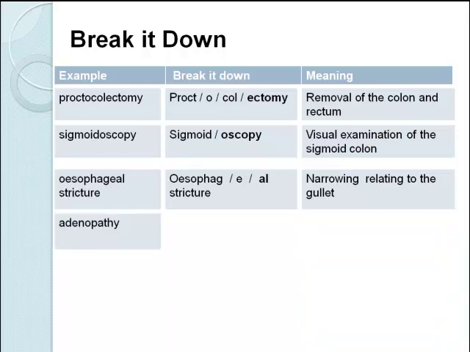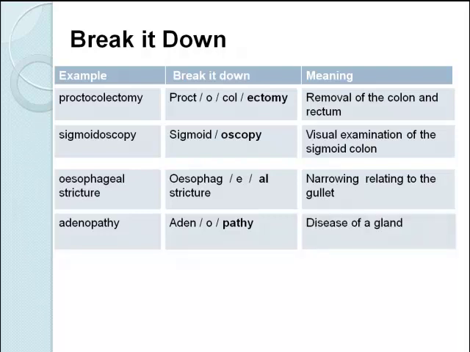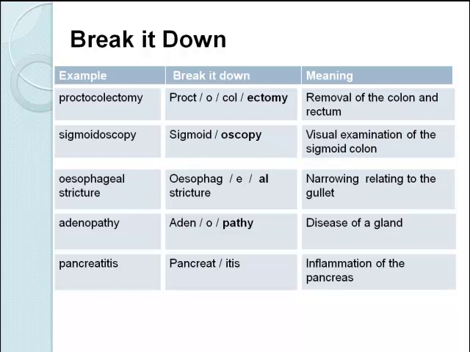Our next term, adenopathy, let's break it down. Aden, break, break, pathy. Pathy means disease, and aden is a gland. So adenopathy is disease of a gland. Pancreatitis, let's break it down. Itis is inflammation of, so it's inflammation of the pancreas. Gastric atrophy.